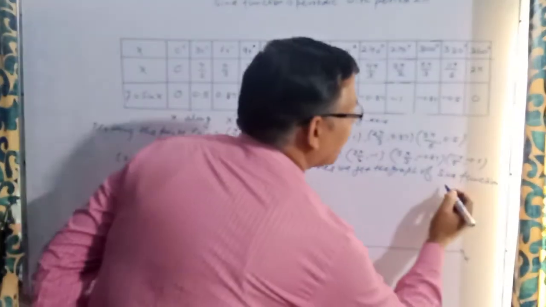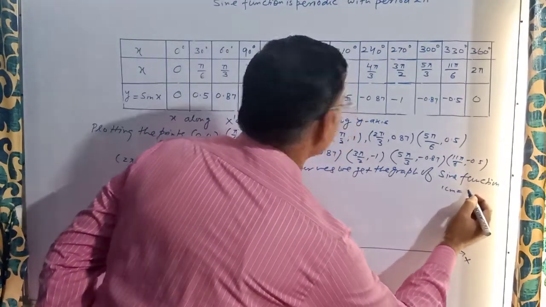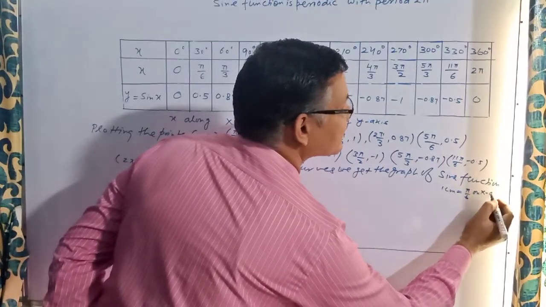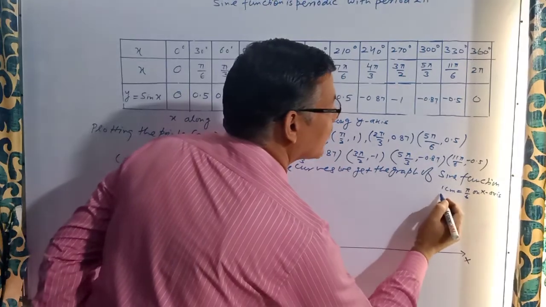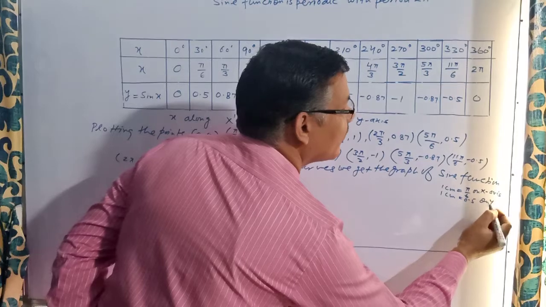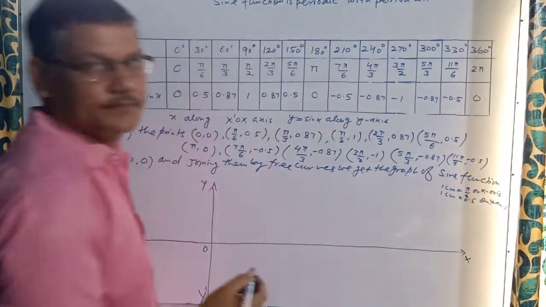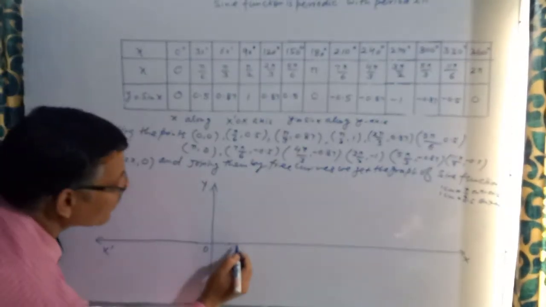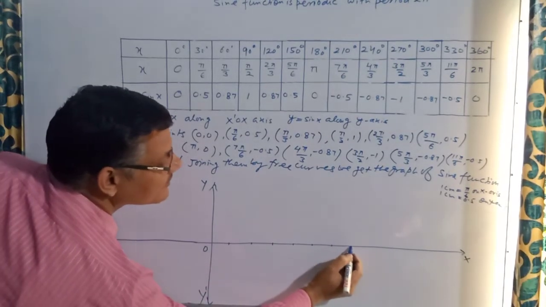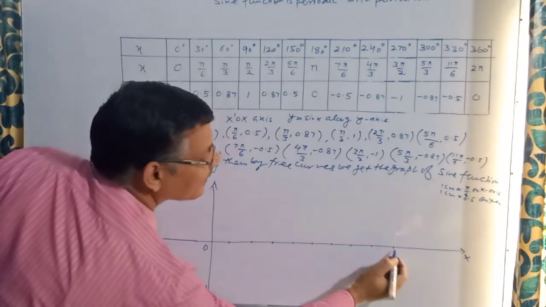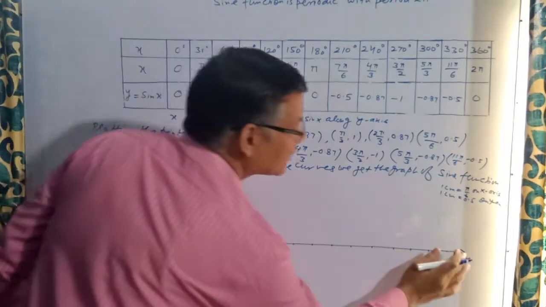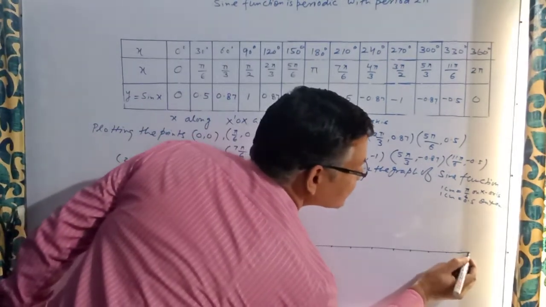Take 1 centimeter equal to pi by 6 on x-axis, and 1 centimeter equal to 0.5 on y-axis. It is our scale. So it is division 1, 2, 3, 4, 5, 6, 7, 8, 9, 10, 11, 12. Okay, we make 13 also.